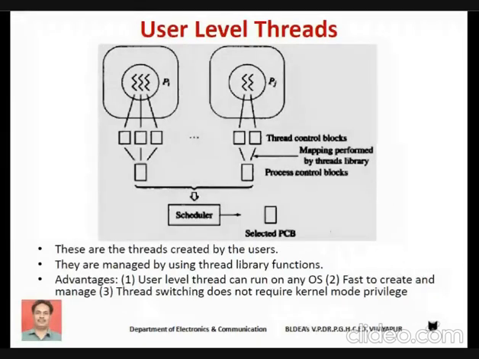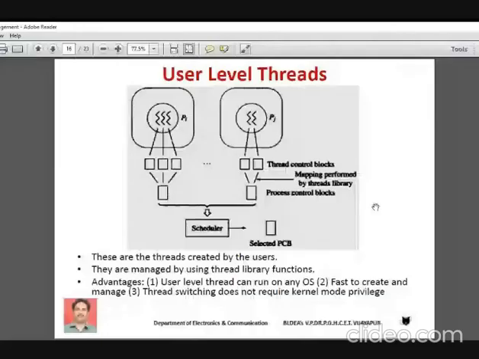They are fast to create and manage, and thread switching does not require kernel mode privilege. Means these user level threads need not seek the permission of the kernel; their execution can be controlled directly. So these are some of the advantages of user level threads.